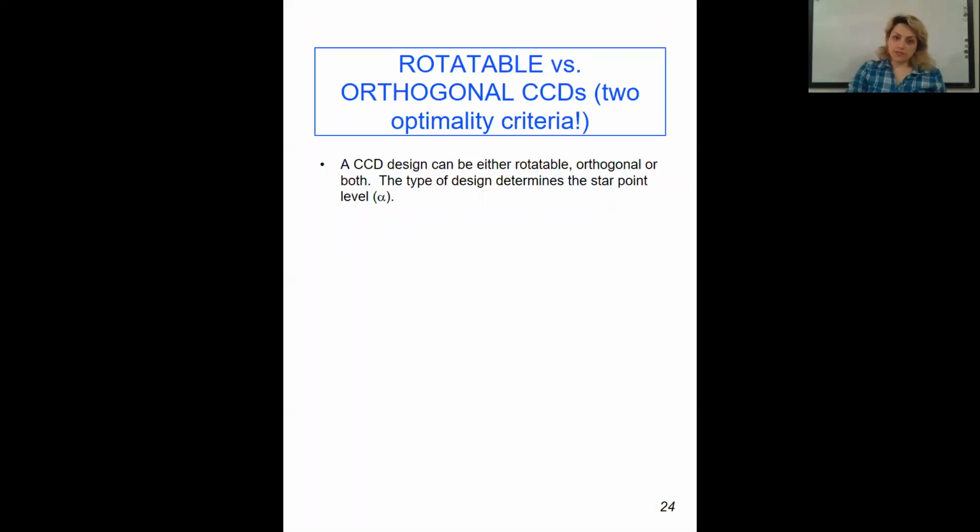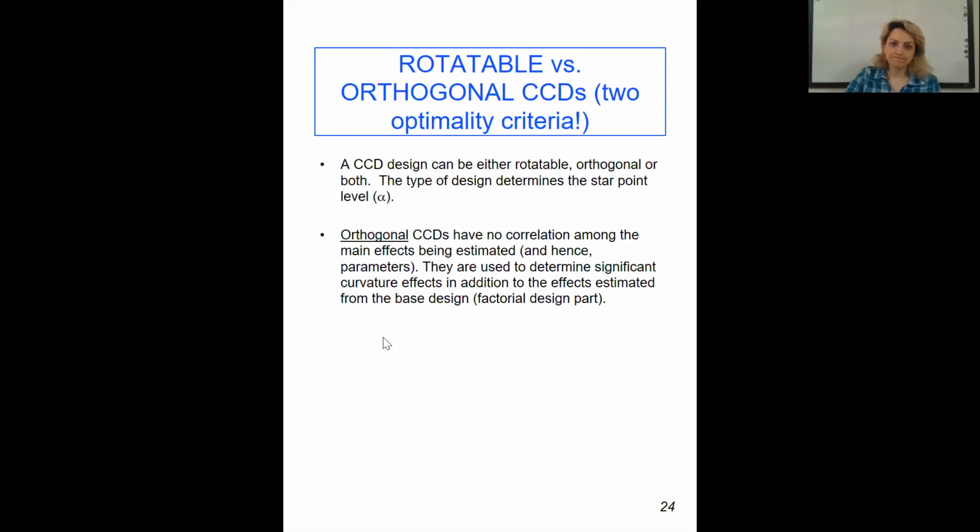For the central composite design, we say that it can be either rotatable or orthogonal, or both of them. The type of the design determines the star points level. The star points level is alpha, as we saw in the previous slide. We have a table for it, and also equations that I'm going to show you quickly.